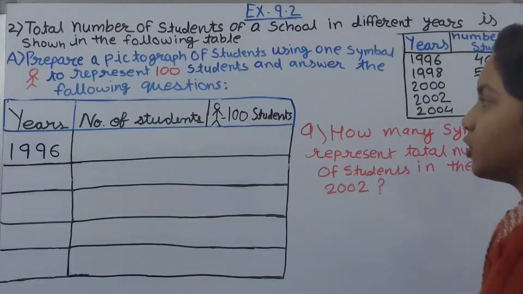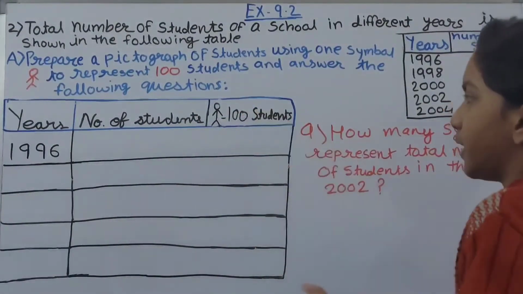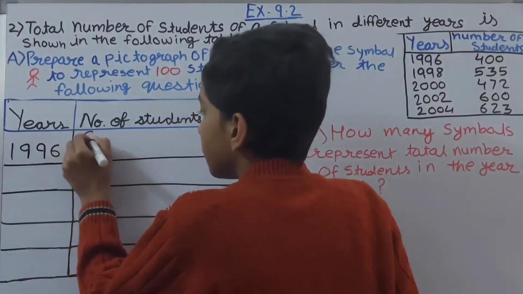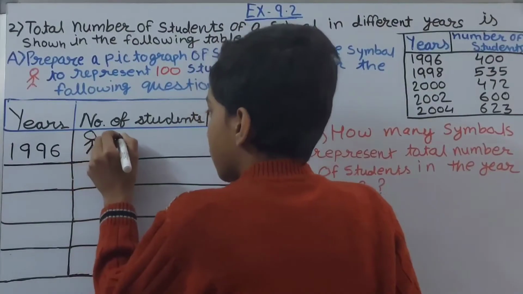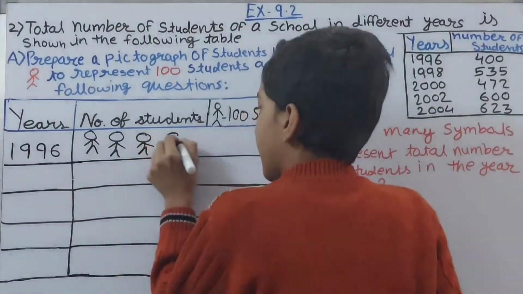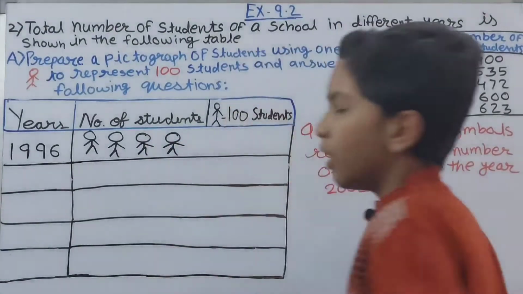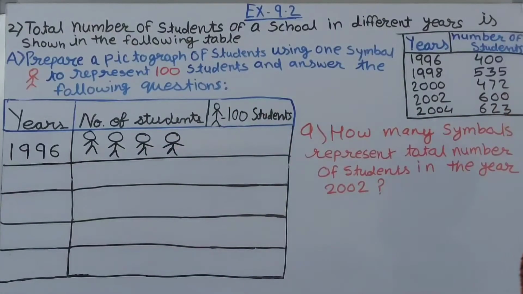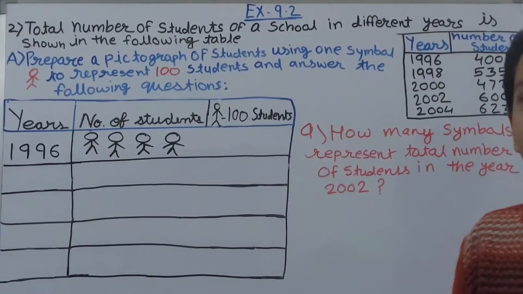That means we have to make 4 complete symbols like this one over here. So let's make them, and the fourth one here. Alright, so we have made symbols for the year 1996.